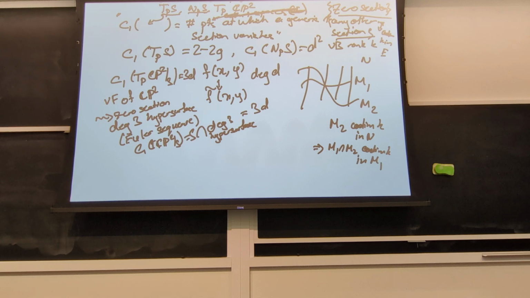Roughly speaking, we're considering the tangent bundle of CP2. If you take a vector field in the tangent bundle and look at the zero section, where you have zero vectors, then that will turn out to be a degree 3 hypersurface in general.